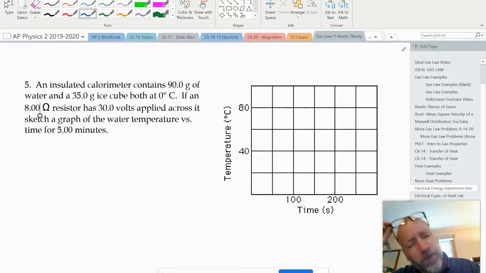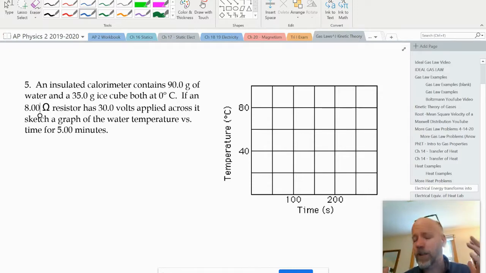One of the principles you got to keep in mind is when you heat up a mixture like this, something that has both a liquid and a solid phase, if they're at 0 degrees Celsius, there's actually no heat transfer between the ice and the water. That's one of the trickiest things to realize, which means as we add heat to the system, instead of raising the temperature of the water, it's actually going to go into melting the ice.